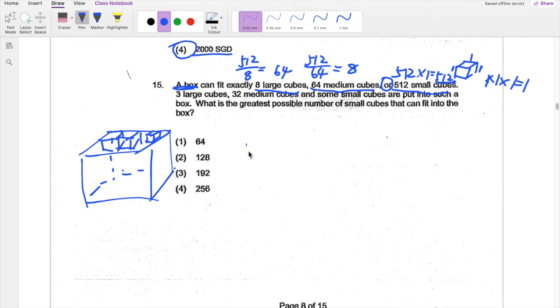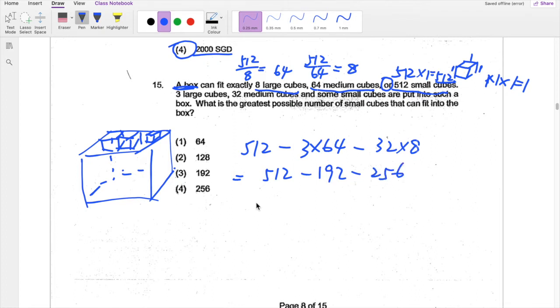So we just do 512 minus 3 large minus 32 medium, which is 8. This one equals 512 minus 192 minus 256. This one equals 64. So 64, then we use the small cube, whose volume is 1, then we have 64 at last.